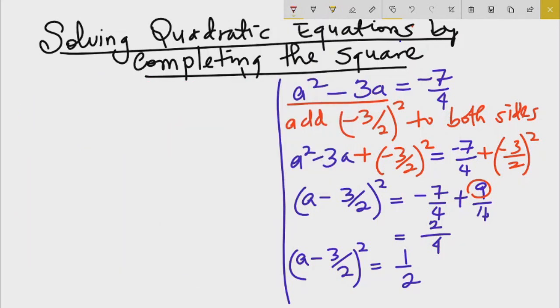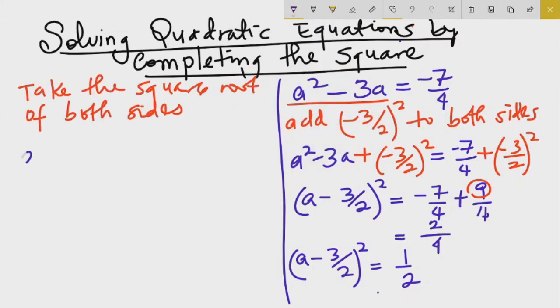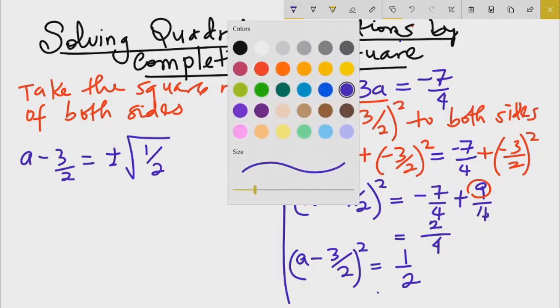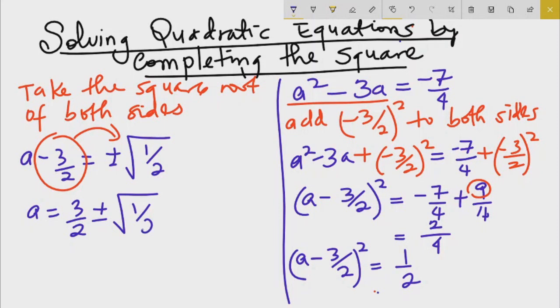In order to solve this equation, we need to take the square root of both sides. The equation will become a - 3/2 = ±√(1/2). So we move this to the right. To solve for a in this case, a will be 3/2 ± √(1/2).